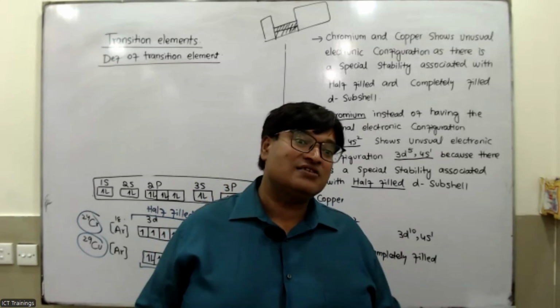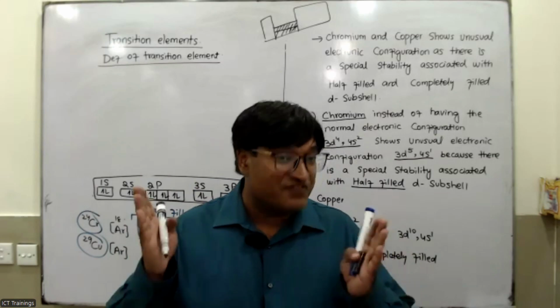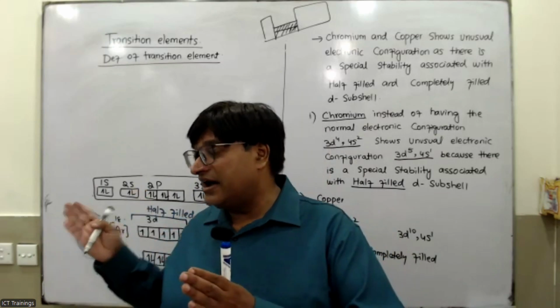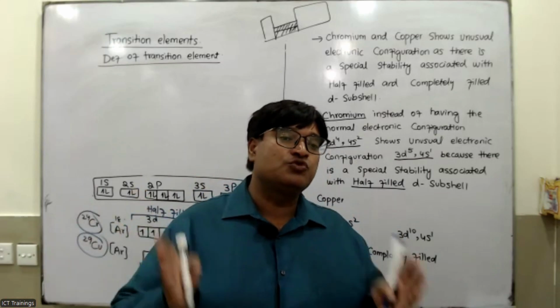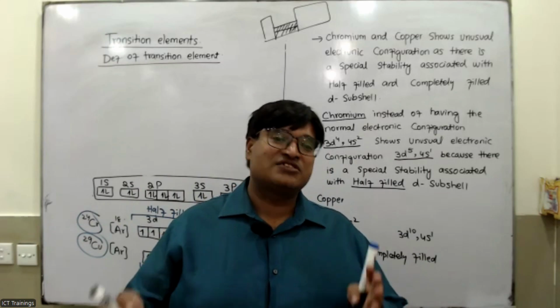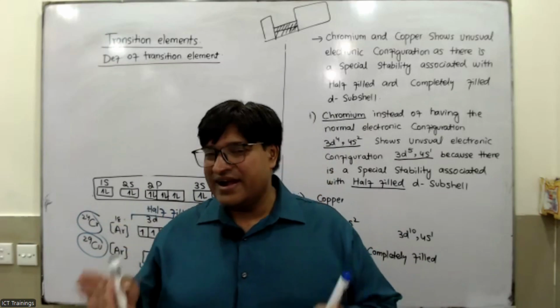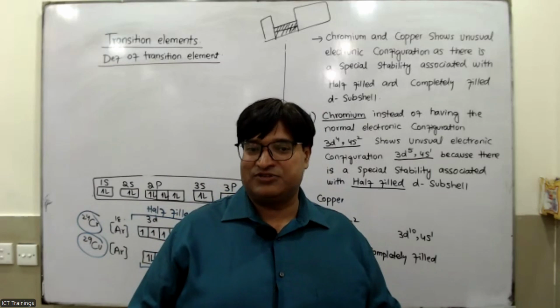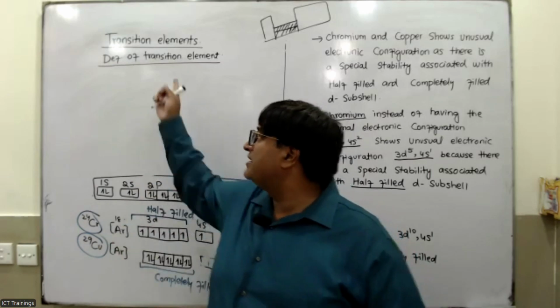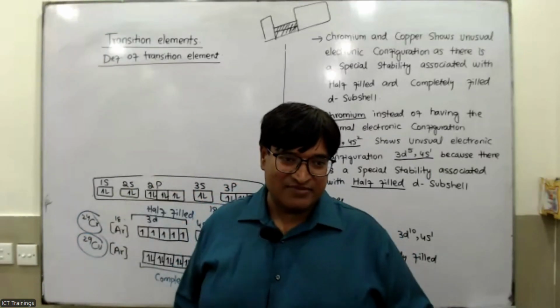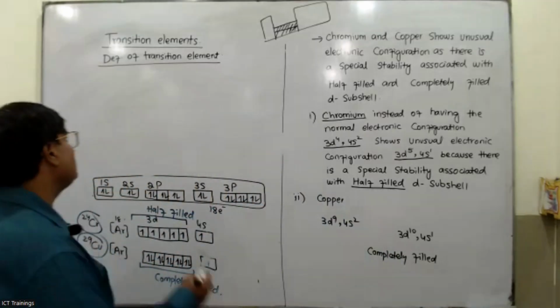So that is called partially filled. So if any atom can form two or more than two stable ions and has a partially filled d subshell, that element is called a transition element. Okay, so just write down the definition.